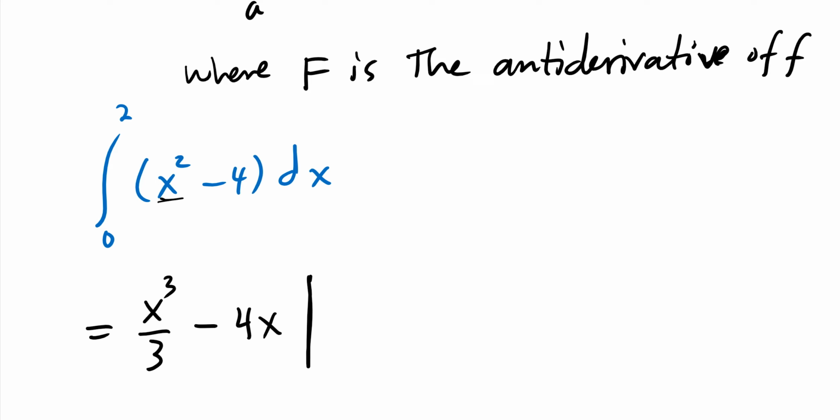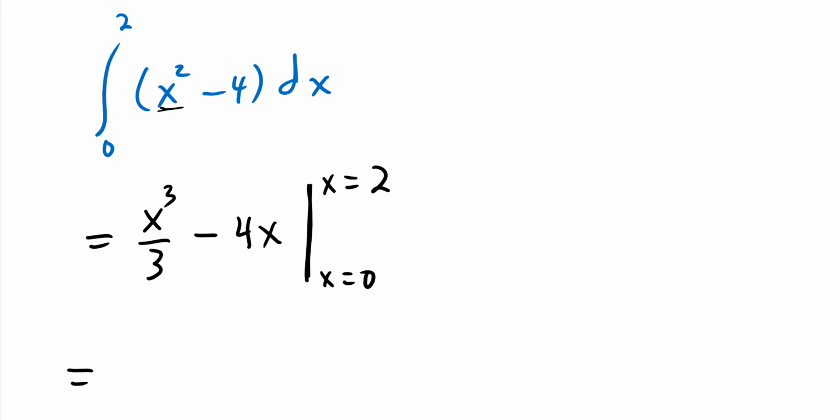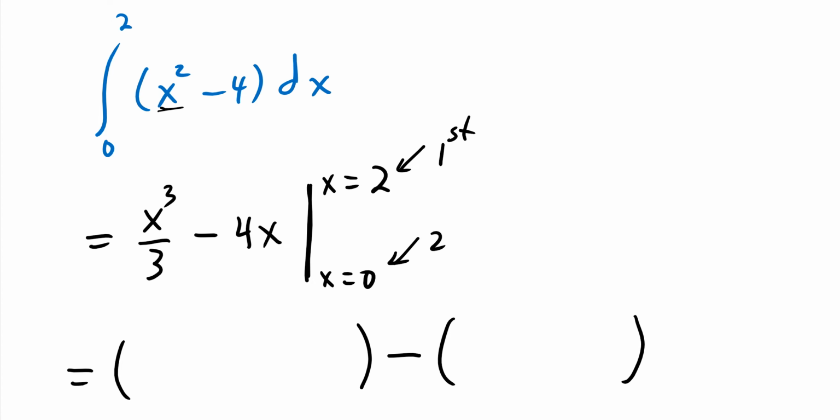Then we put a vertical line here to specify that x goes from 0 to 2. Based on the fundamental theorem of calculus, you substitute this one first, then the second. So substitute x equals 2 first: 2 to the third over 3, minus 4 times 2, and then substitute the 0 in.